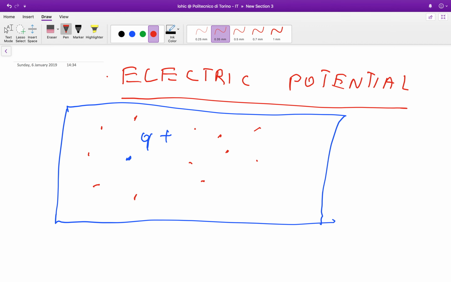These are not charges, these are just some points. At this point, for example, the field will be like this. It will be this vector, let's call it E. At this point the field will be like this. Yes or not?